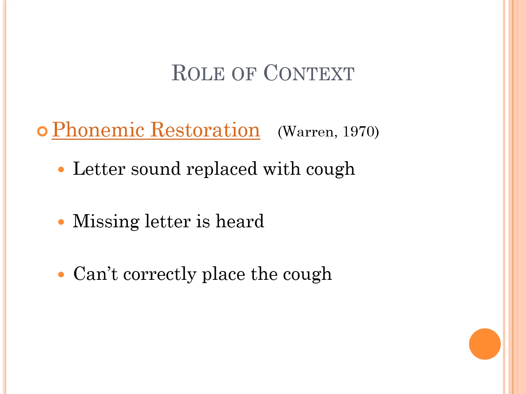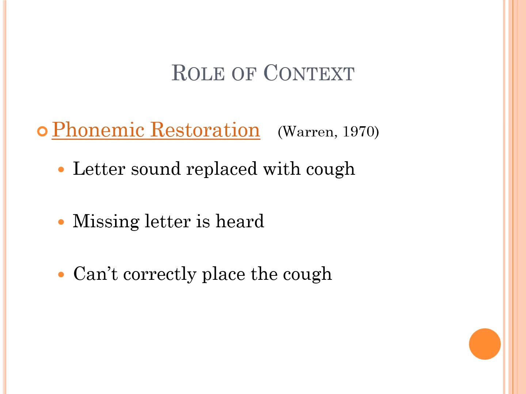If you remember, we saw him do a similar kind of study with tones when we looked at auditory continuity. But here he has sentences, and he takes out a letter sound. If that is just silence, just like with the auditory tone that stays the same, we obviously hear those silences, and that's a missing letter there.